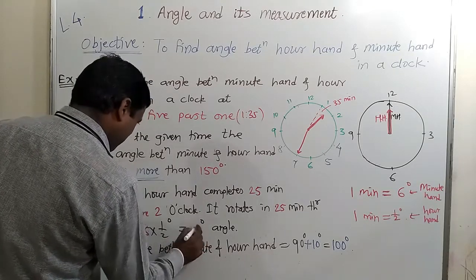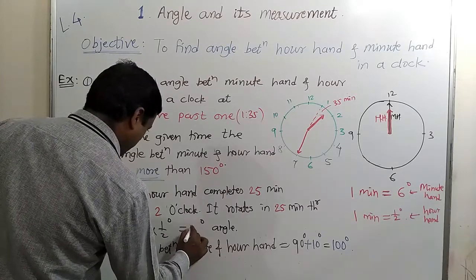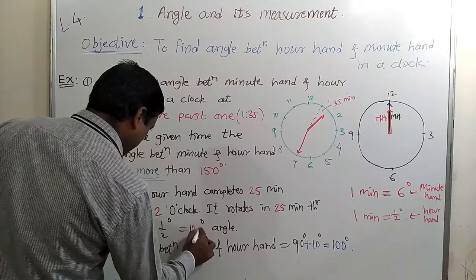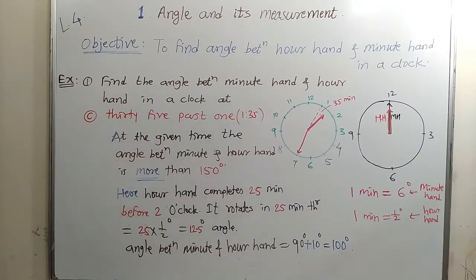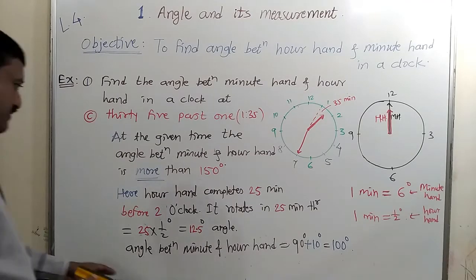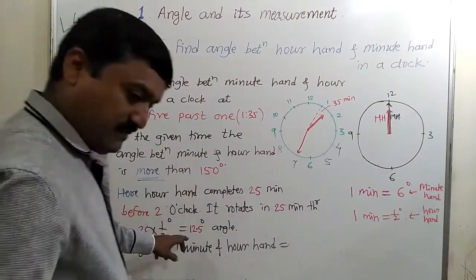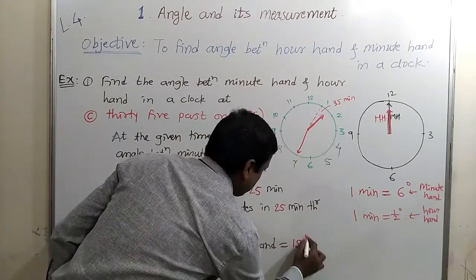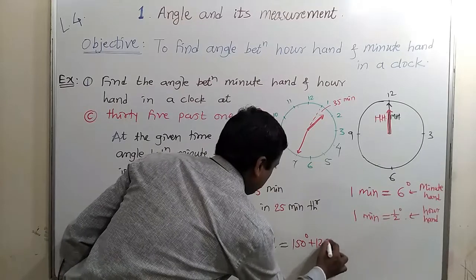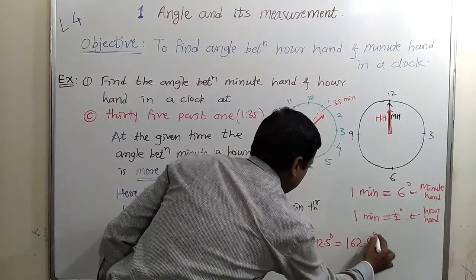That will be 25 by 2, that is 12.5 degree angle. Okay, so the angle between minute and hour hand will be this 150 plus this, so it will be 150 degree plus 12.5 degree, that will be 162.5 degree.